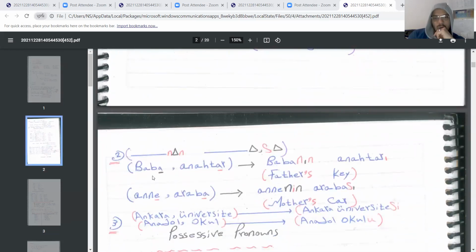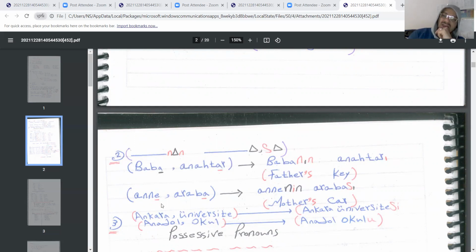Number two, when I have a vowel letter at the end of the first noun, I will put n delta n. For example, baba, father, baba anahtar, father key. How can I say father's key? It will be babanın anahtarı, father's key.